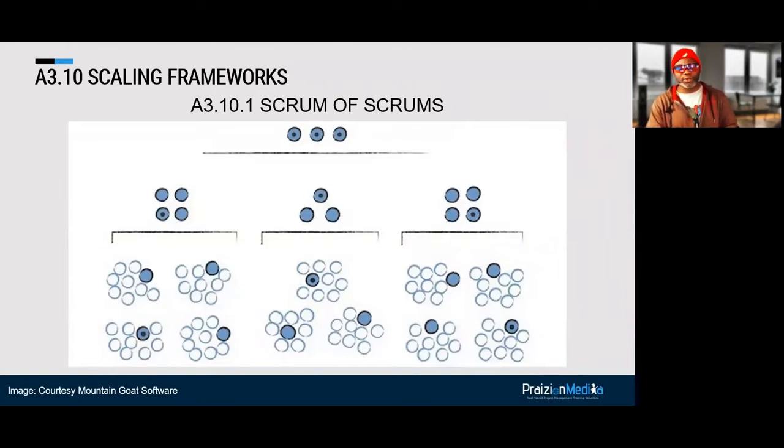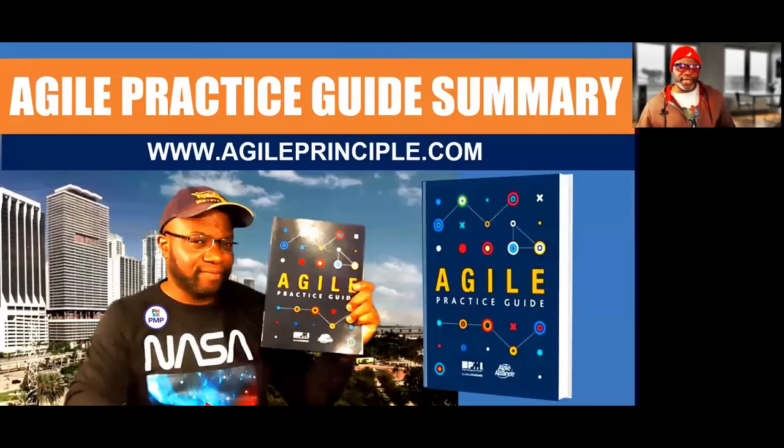Talk about a Scrum of Scrums. We can see that a Scrum of Scrums just takes one member from each group and scales that up so that at higher levels, we can have less people meeting, free people up to do work and coordinate at those higher levels. And that, my friends, is the end of our Agile Practice Guide summary.